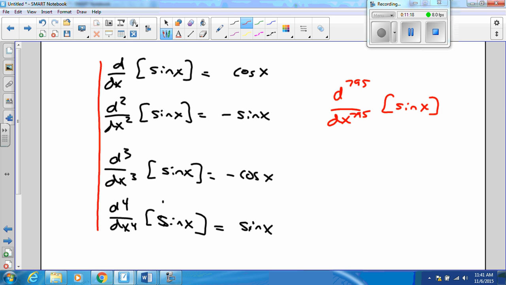That's exactly right. Which means that I'm going to repeat my pattern in cycles of 4, so that if I can write 795 as a multiple of 4 plus remainder, then I would know where I am in the pattern. Everybody do that. Write 795 as 4 times something plus remainder.